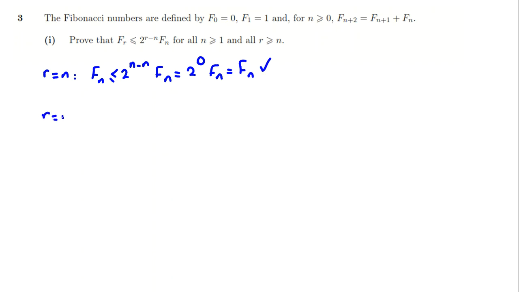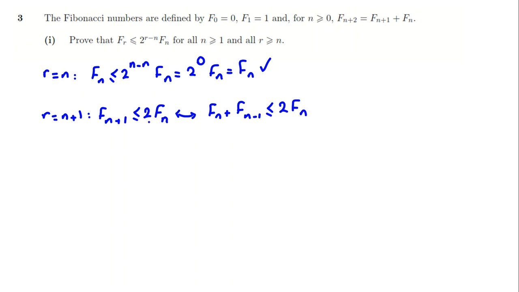Now, if you want to prove it for r equal to n plus 1, you say f of n plus 1 is less than or equal to, replacing r with n plus 1, 2 to the n plus 1 minus n, which is 2 to the 1, times fn. And it is equivalent because we know f(n+1) is fn plus f(n-1), since each term is the sum of the two previous terms.